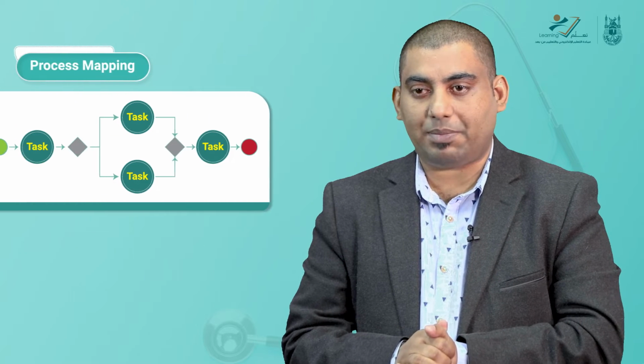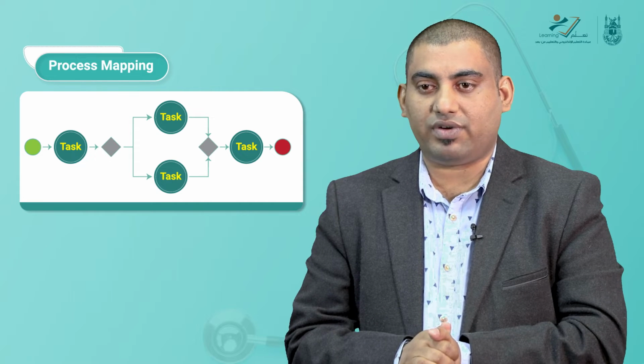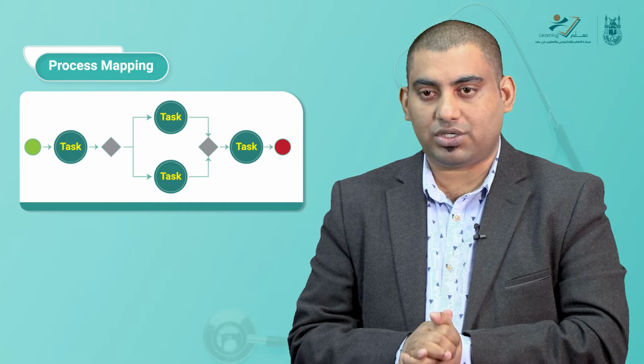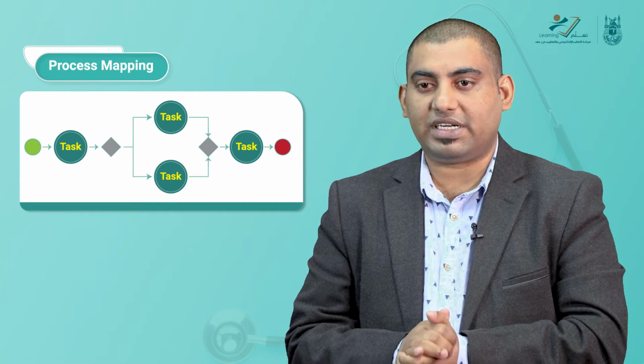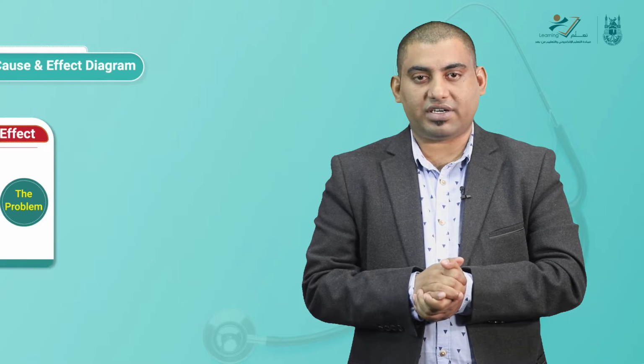Next we have process mapping. One of the initial steps to understand or improve a process is process mapping. Process maps are useful communication tools that help improvement teams understand the process and identify opportunities for improvement. Next we have the cause and effect diagram.